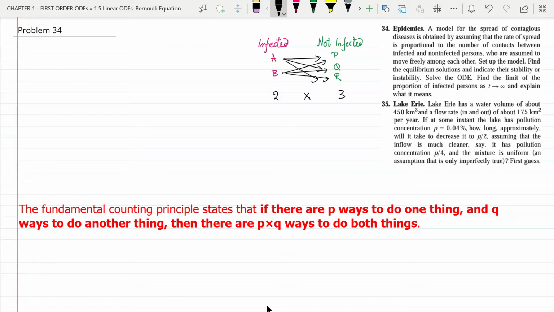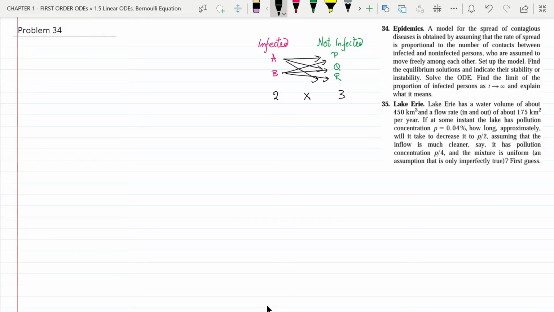This is from the fundamental theorem of counting. If there are P ways to do one thing and Q ways to do another thing, then the total number of ways both things can be done is P multiplied by Q. Let us proceed. Now let us assume total population is P and assume that I of t is the number of infected people at any time t.